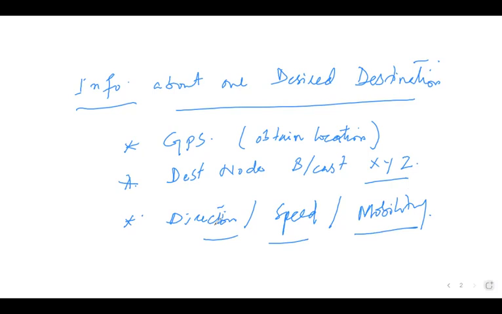For example, here you can see, if this is the network region and a node starts its mobility from here, and its speed is, for example, 1 kilometer per hour. So this direction is actually east, west, north, and south.